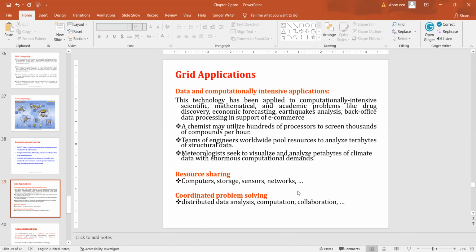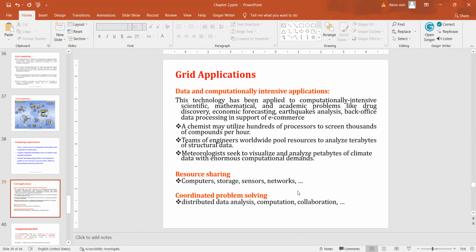On the business side, there is economic forecasting for countries and industries, and earthquake analysis, forecasting natural disasters like earthquakes. At the industry or enterprise level, there are applications like e-commerce sites, where a huge amount of customer data and business transactions can be handled.